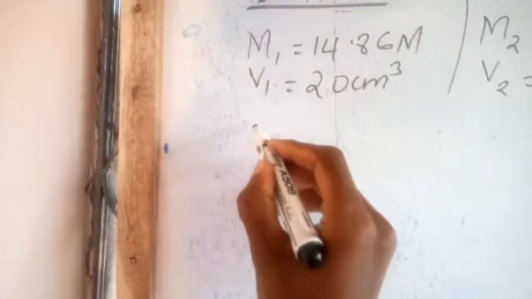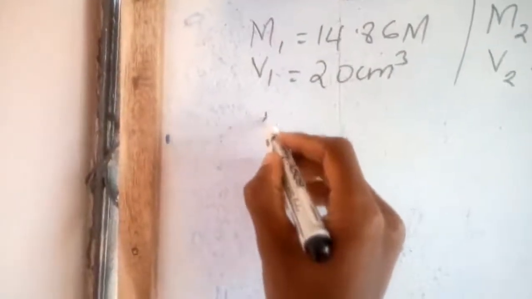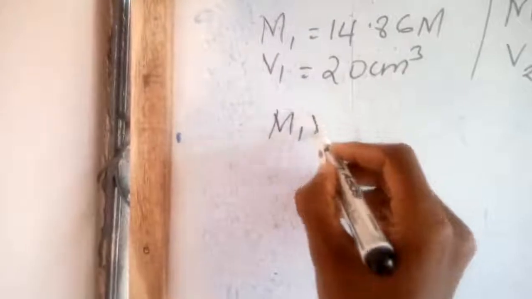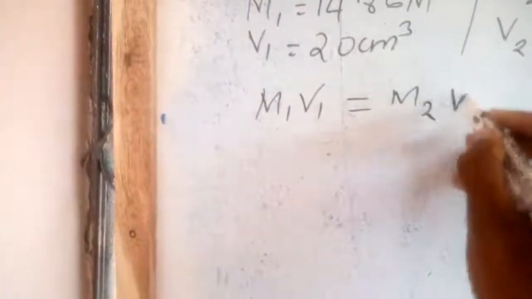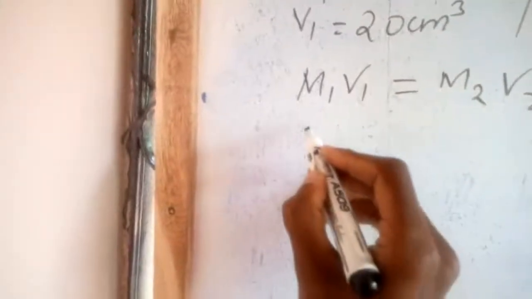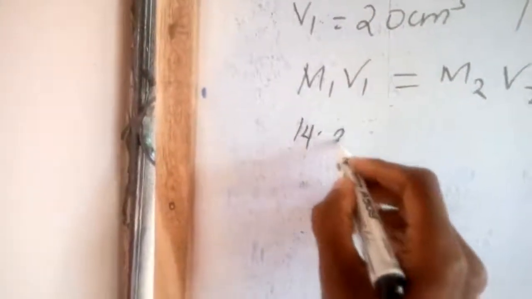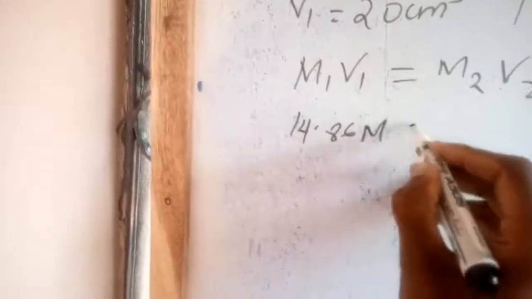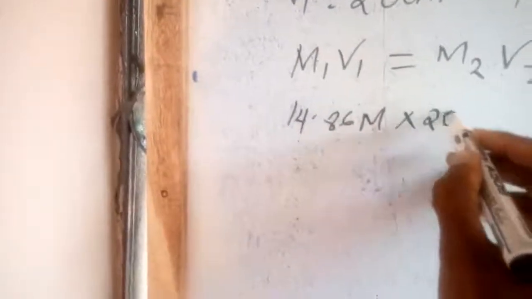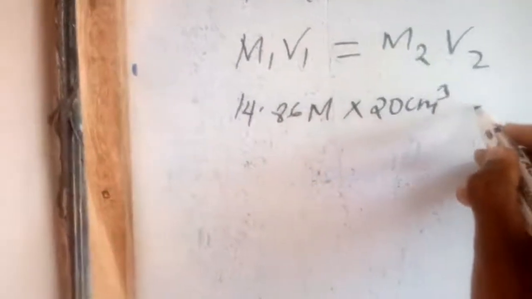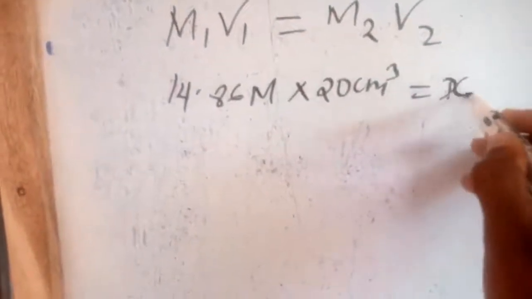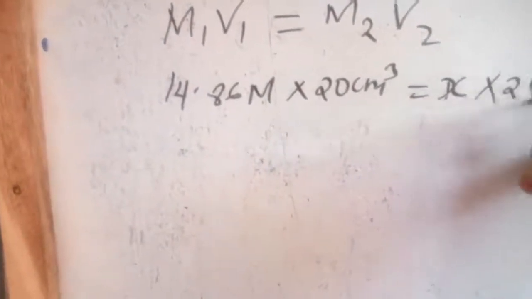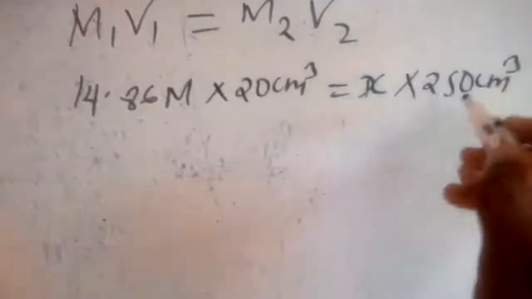And therefore you are going to write the formula which I gave the other day, that is molarity 1 times volume 1 should be equal to molarity 2 times volume 2. Molarity 1 is 14.86 capital M, then you multiply by volume 1, which is 20 cubic centimeters. Then you are supposed to get M2, which is represented by X, multiplied by 250 cubic centimeters.